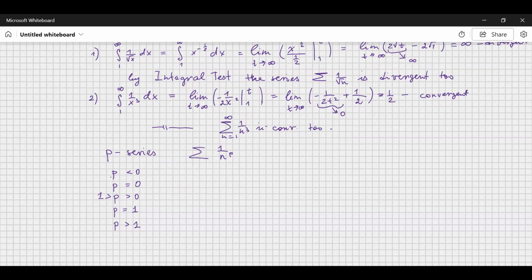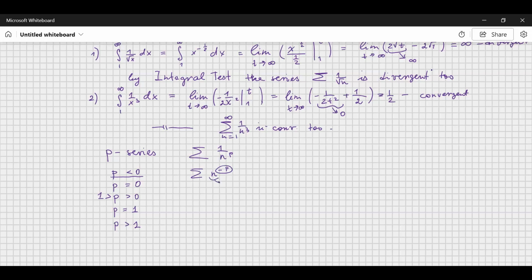Well, what is going to happen when p is less than 0? Basically, p is negative, like minus 1. Well, 1 over n to the negative 1 is actually just n, right? So when p is less than 0, we have a negative power here, which means it's actually the series of n to the power of negative p, where it's a positive power.